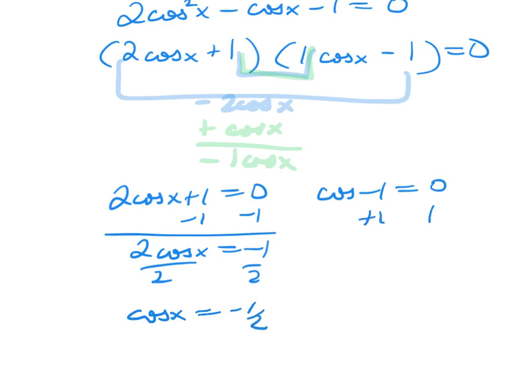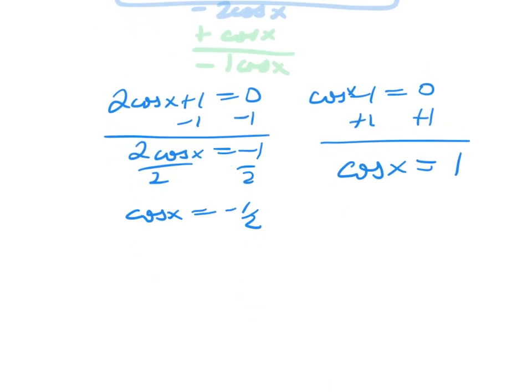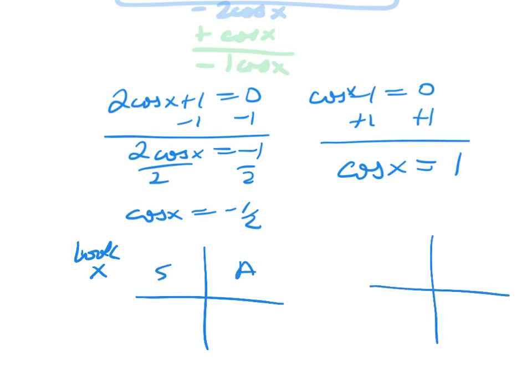Over here, add 1. Cosine x equals 1. So cosine, remember, we're going to look at x. So I'm looking at my x, the ordered pair on the unit circle, to see where x equals -1/2. Let's also do our all students take calculus.